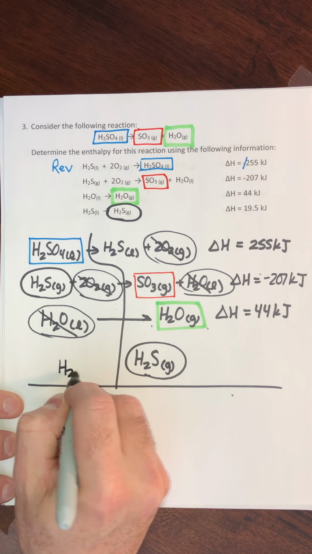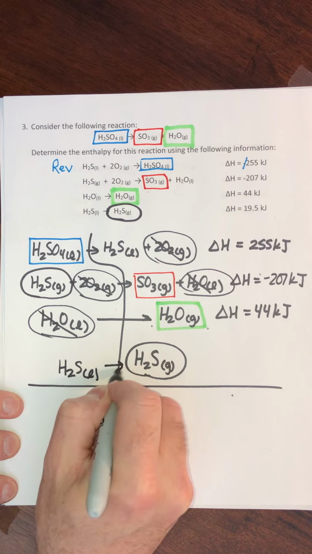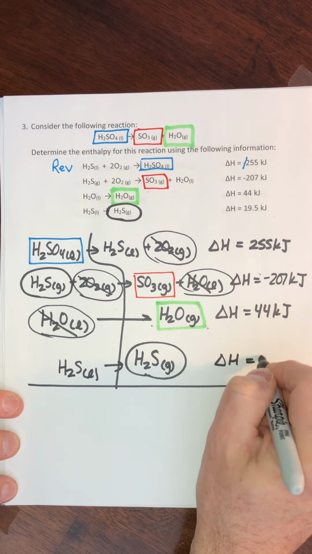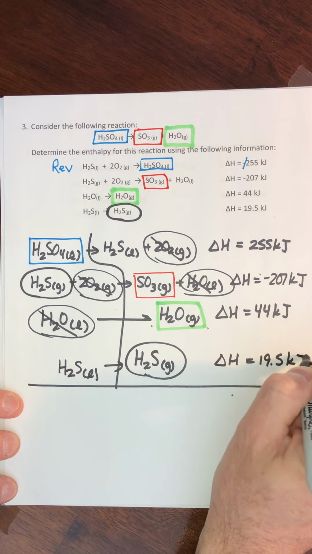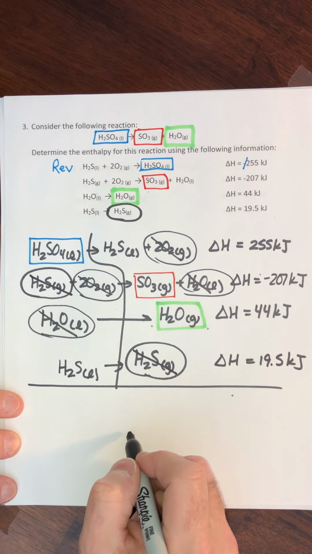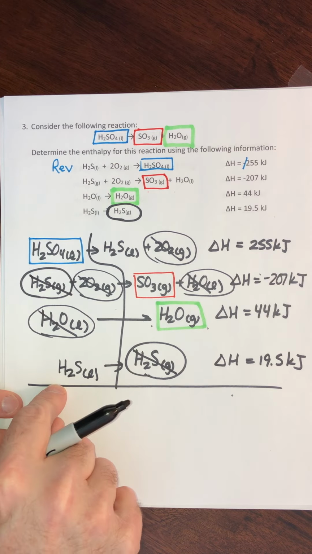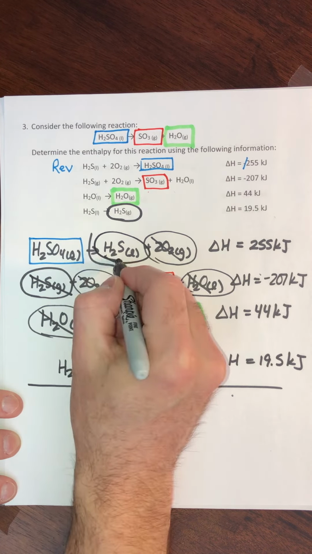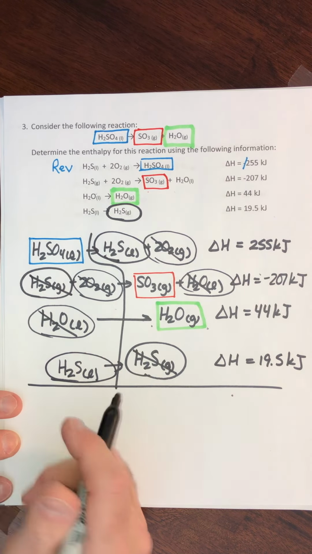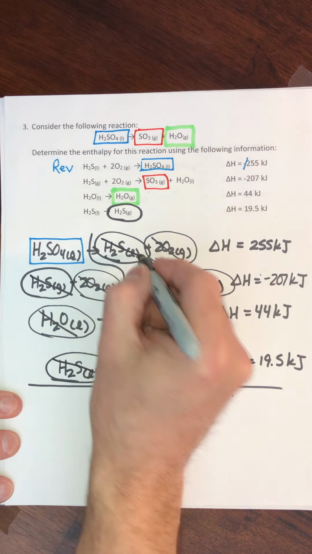So if we rewrite the rest of it, H2S liquid, and because I'm not making any changes, my delta H is 19.5 kilojoules. So H2S gas cancels with H2S gas, and now I've got something to cancel out my liquid, right? H2S liquid on the product side and H2S liquid on the reactant side cancel.